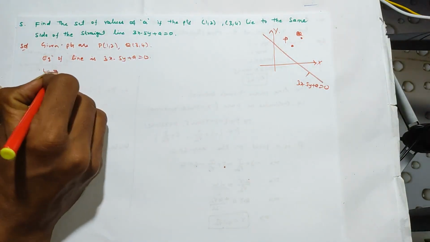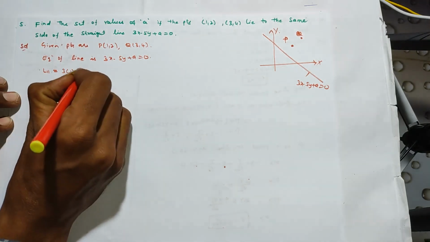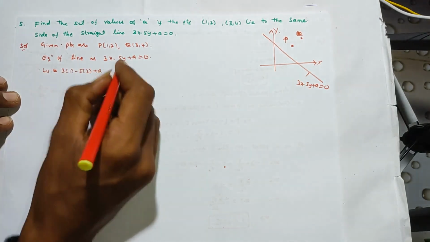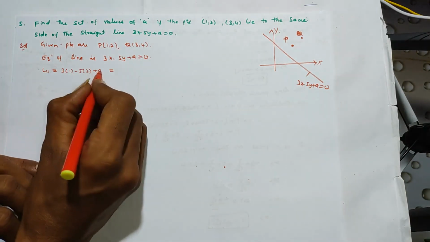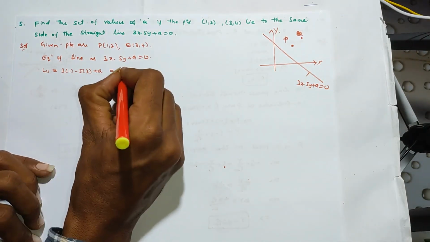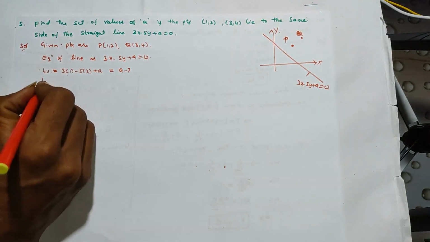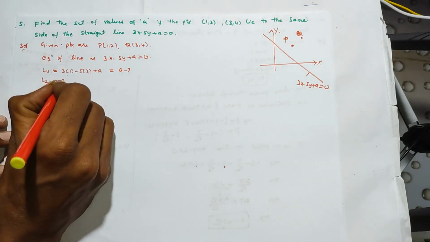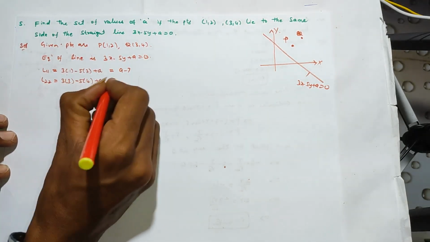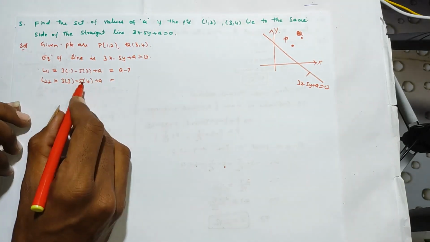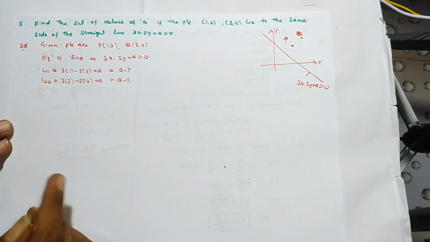So L11 is equal to, substitute first point here, 3 of 1 minus 5 of 2 plus a, right? What is that value? a minus 7, right? This one 3, this one 10, 3 minus 10, minus 7. And L22 is equal to 3 of 3 minus 5 of 4 plus a, that is equal to 9 minus 20, minus 11, right? So that is a minus 11. This one L11 and L22.